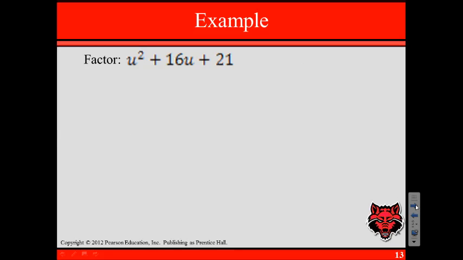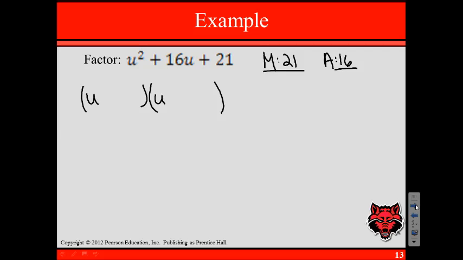More examples. Here we have u squared plus 16u plus 21. Well, we know the only way we could get u squared is u times u. Let's use the numbers 21 and 16 to try to fill in the rest. So we want to multiply to get 21 and add to get 16.